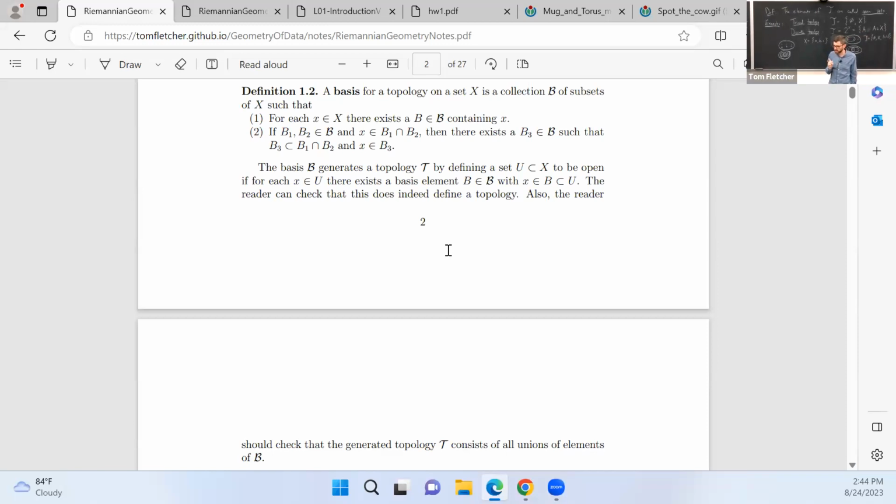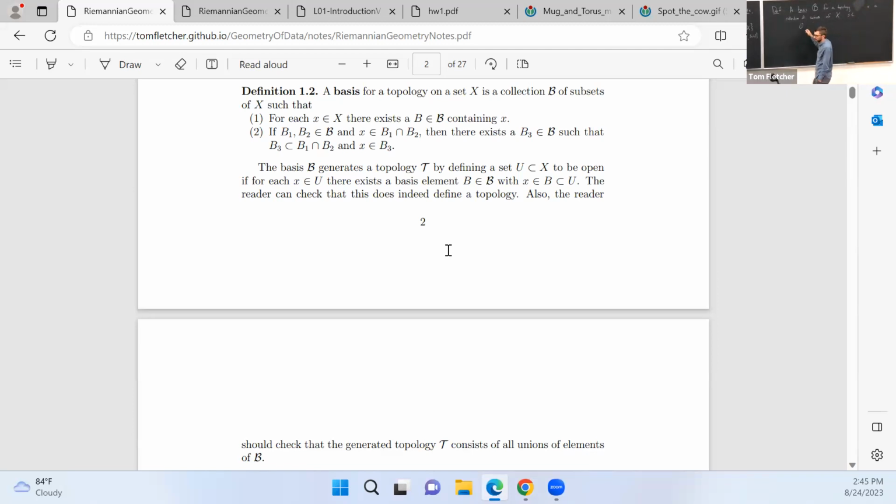Okay, I need to be careful. I don't want to specify what the T is here. We'll see how it generates the topology in a minute, but just a basis B for a topology is going to be a collection of subsets of X such that the following holds.